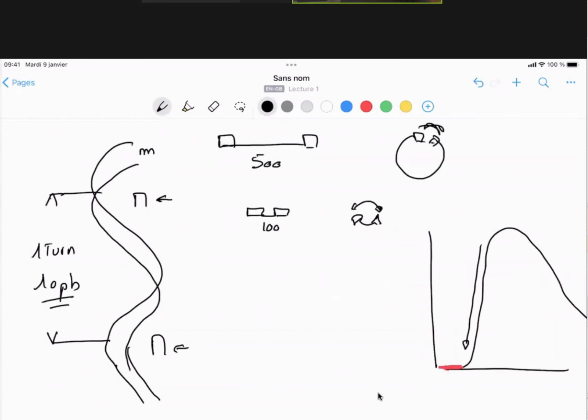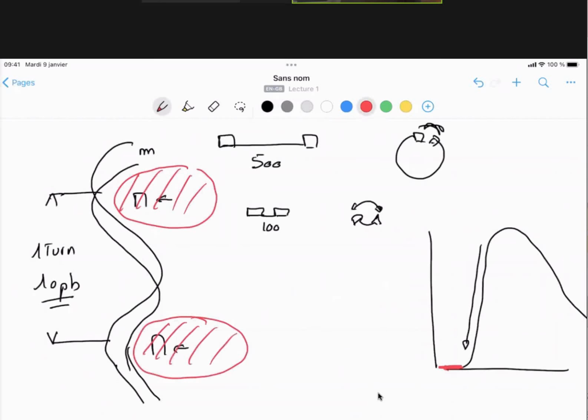And what's happening is that most proteins interact with DNA through the major groove. Do you follow me? Because it's quite tricky, to be sincere. Is it okay? Yes or no?